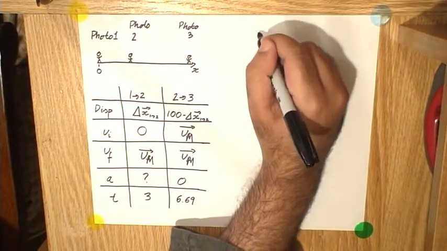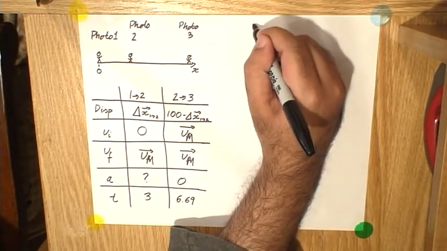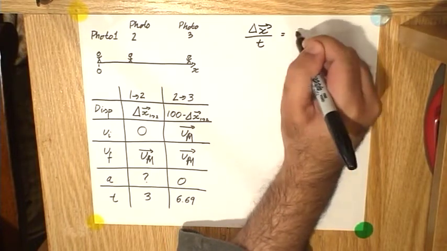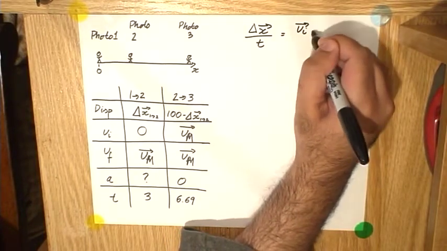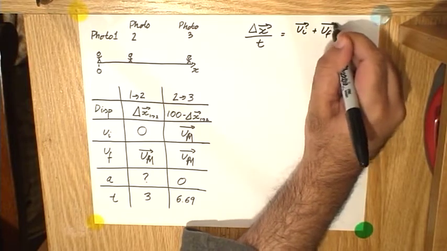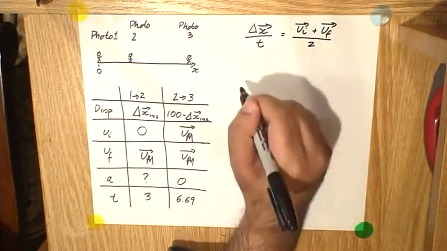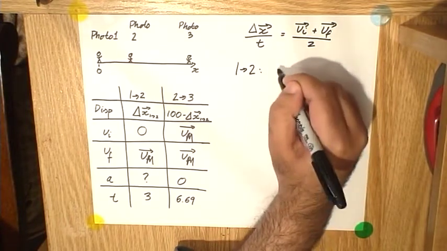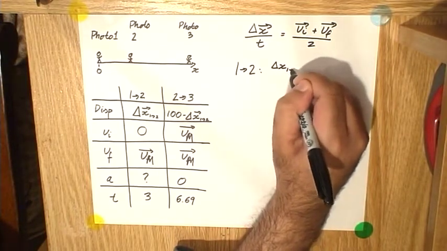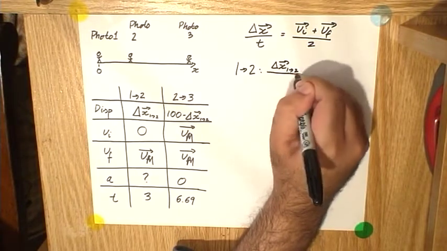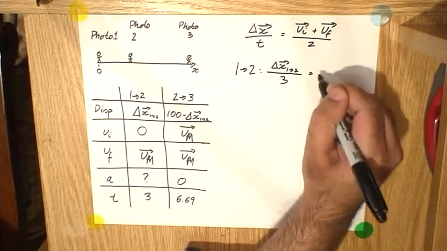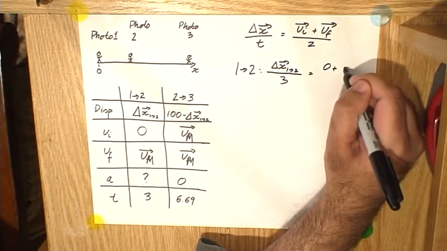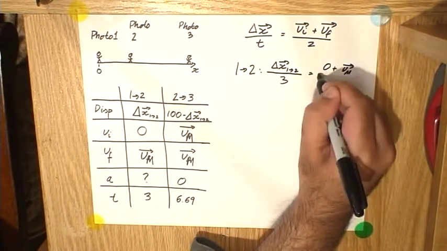Toolbox equation 3 says that delta x divided by time is equal to V initial plus V final over 2. So for 1 to 2, that will be delta x 1 to 2 divided by the time, 3 seconds, is equal to v initial plus v final, that would be v max, all divided by 2.